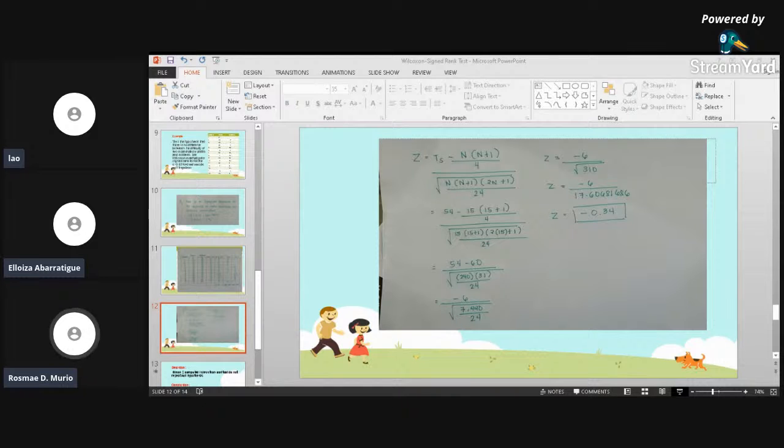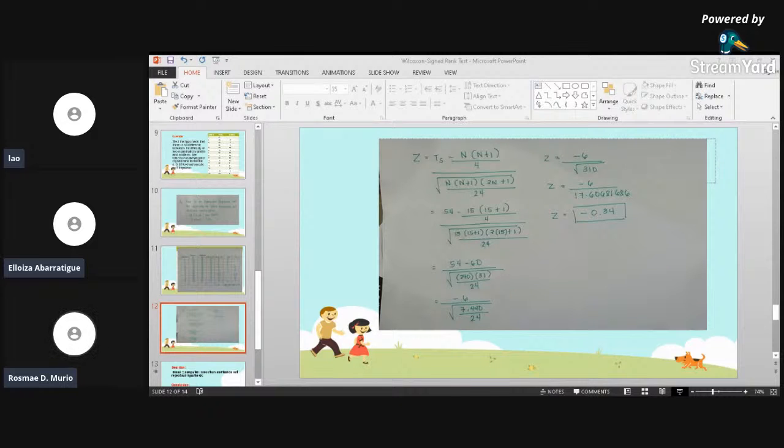Doon po tayo mag-focus muna sa divisor natin. Square root po ang 310, kasi in radical, square root natin si 310. So, na-square root po natin siya, makikita po natin ang sagot: 17.6068.